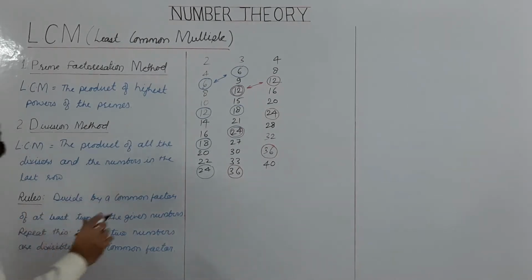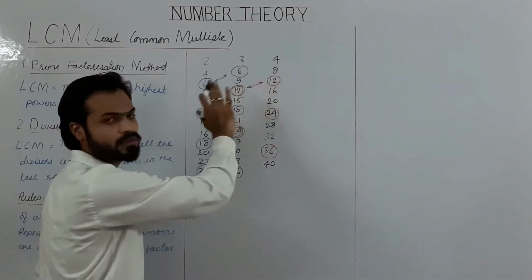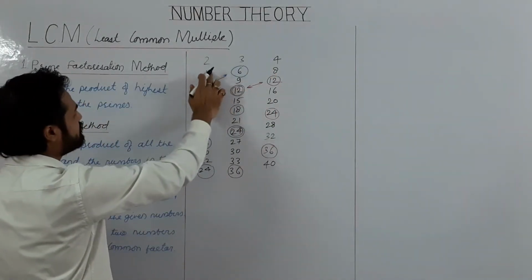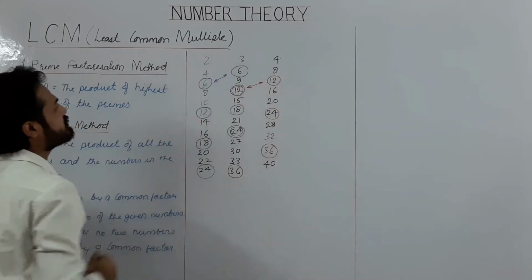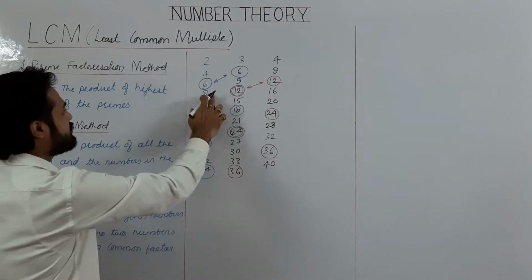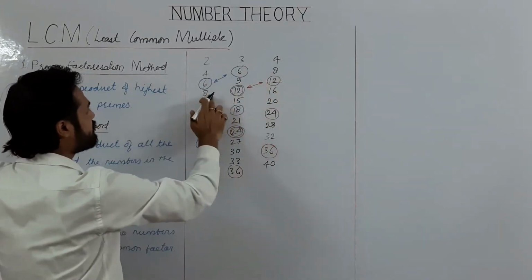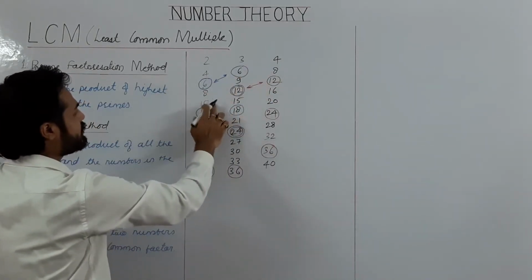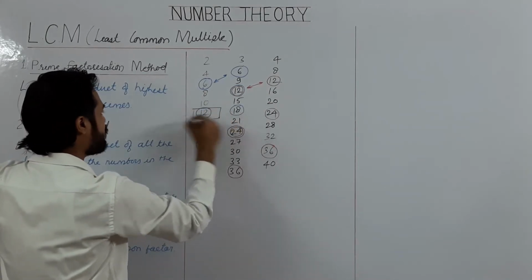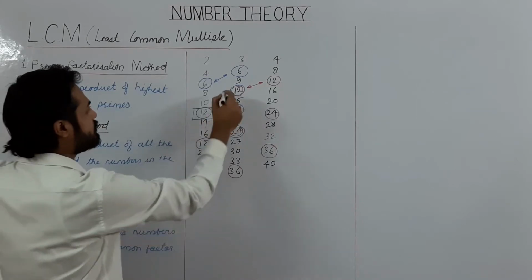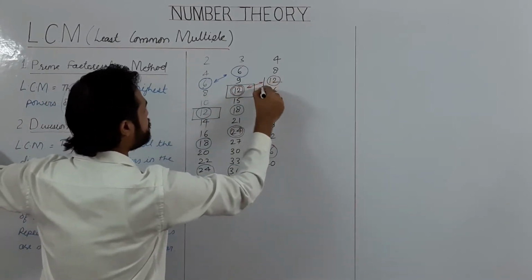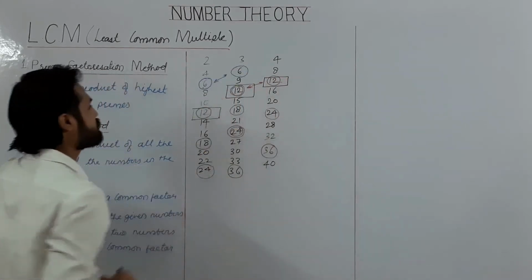Now let's try to find out common multiples of 2, 3 and 4. For all 2, 3 and 4. 4 is a multiple of 2, yes, but it's not a multiple of 3. Next, 8. 8 is a multiple of 2 and 4, yes. For 3, no. 10, no. 12, yes. 12 is a multiple of 2. 12 again is a multiple of 3. 12 is a multiple of 4 also.